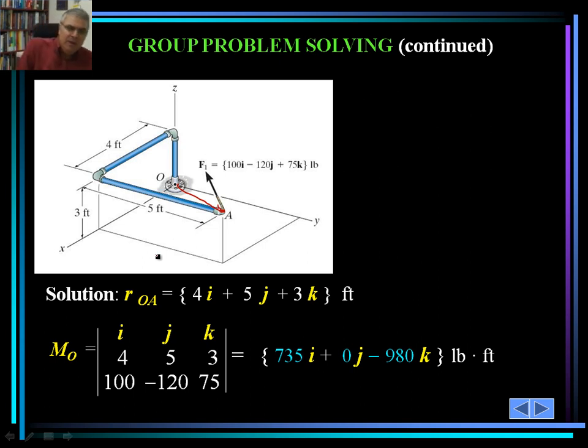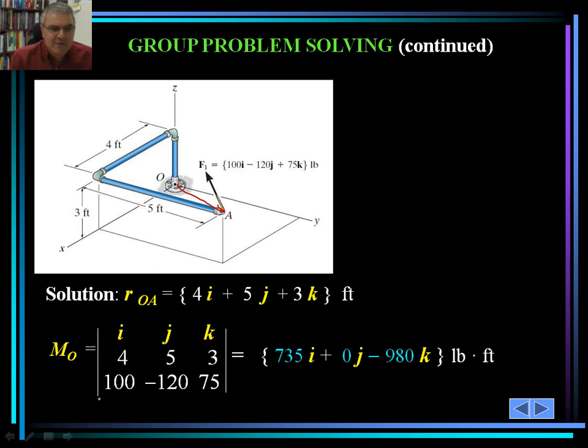Remember, these must correspond to I, J, and K. So don't mix these up by shuffling them around. If you put 3 under the J component instead of under K, I guarantee you, you're going to get the incorrect result.